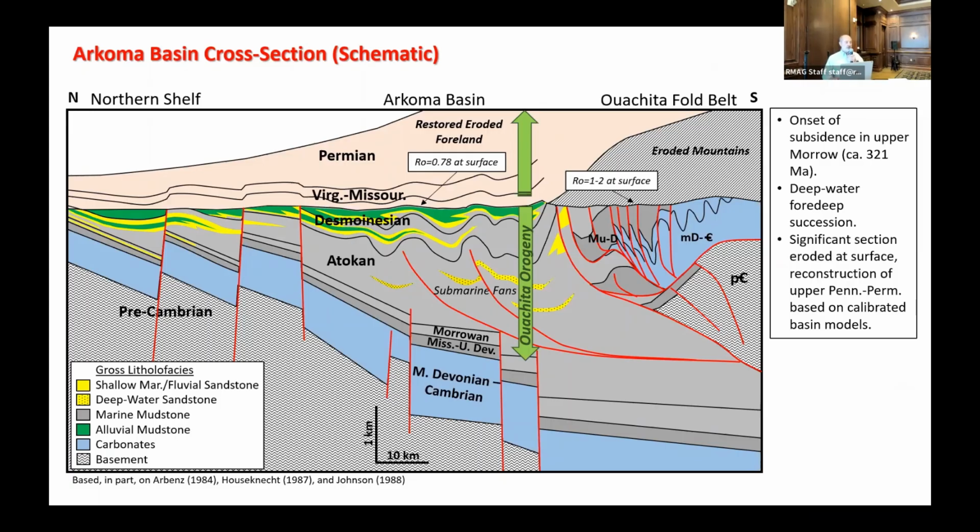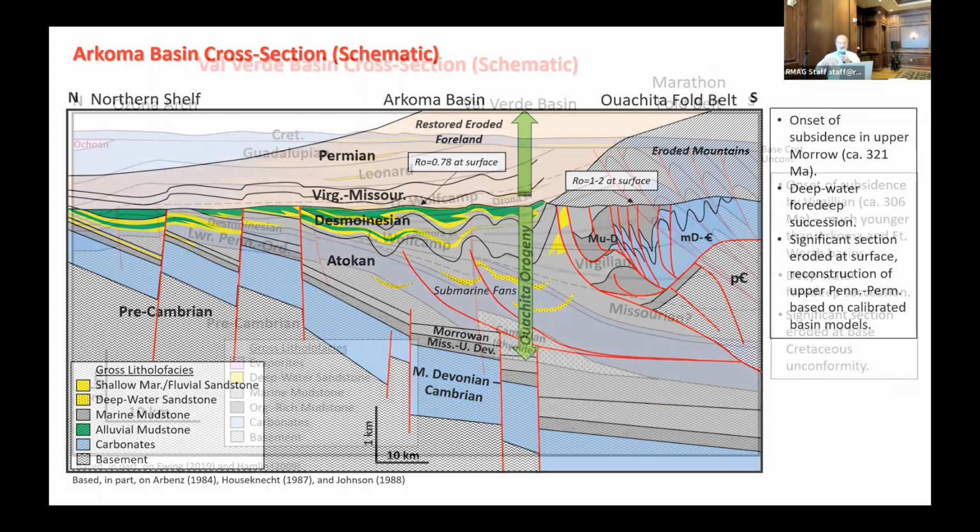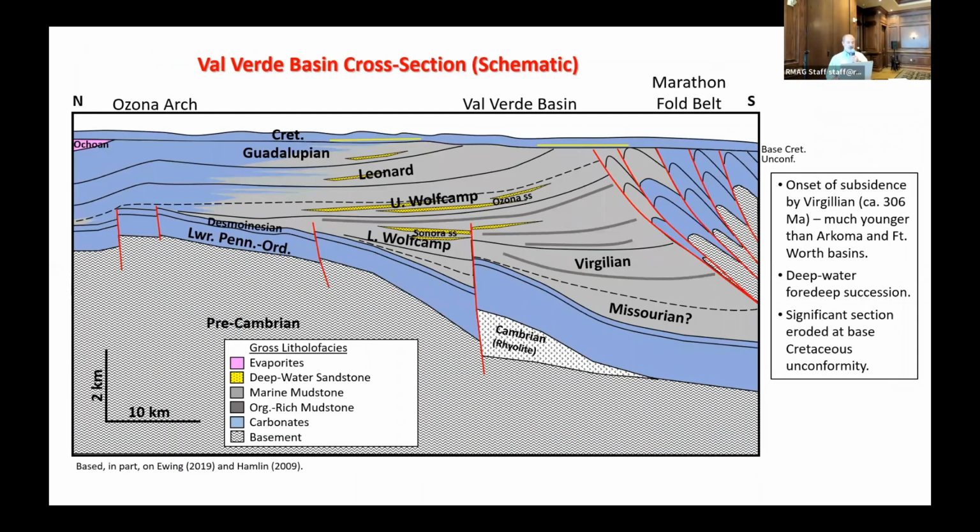And then you go to the Marathon. I skipped over Fort Worth, it's intermediate, but we'll look at this curve there. Same kind of wedge, with flooding on top of the Strawn, and it's Virgilian to Wolfcampian in age when this flexural wedge develops.